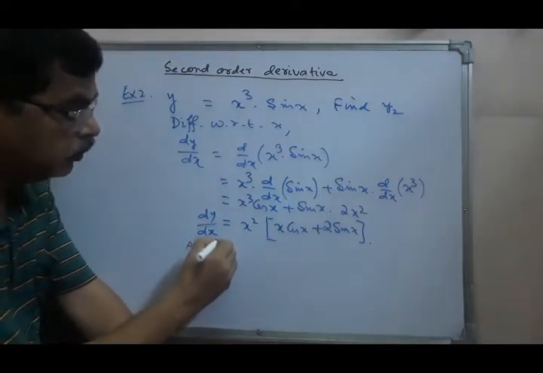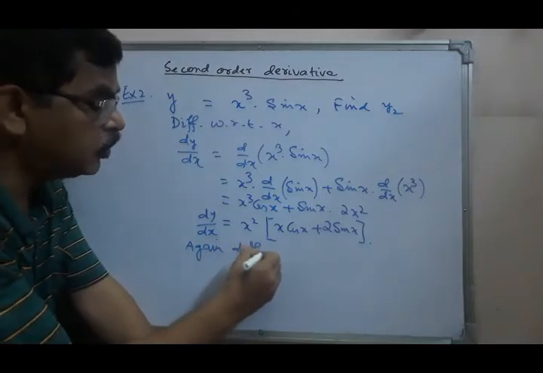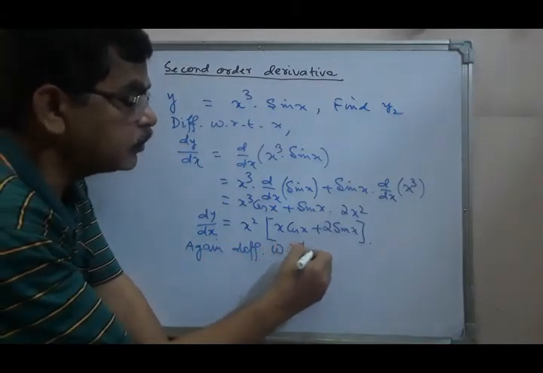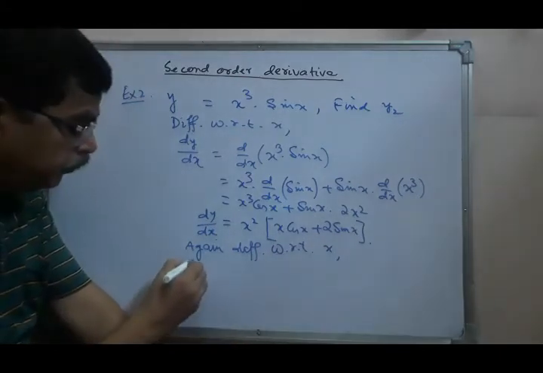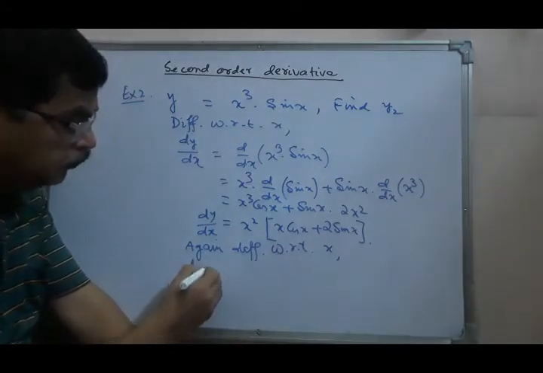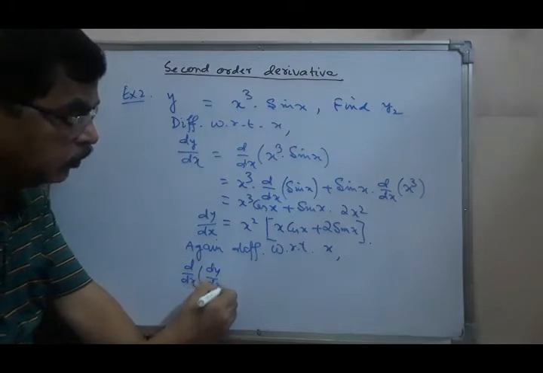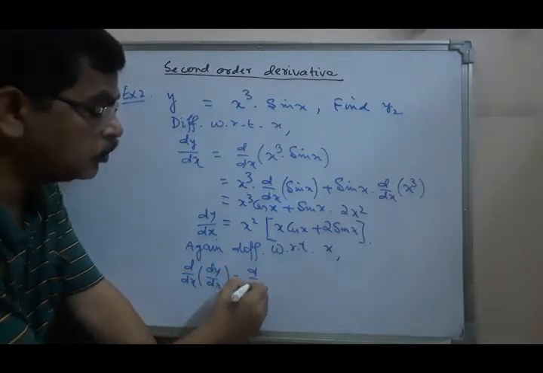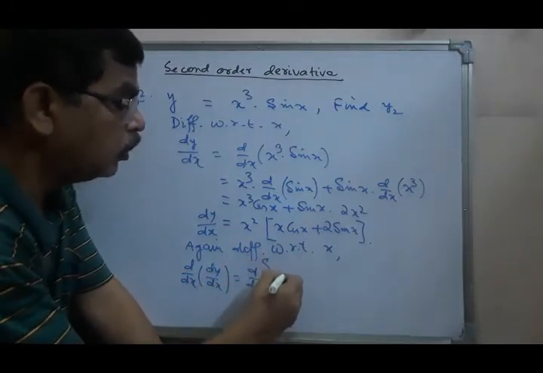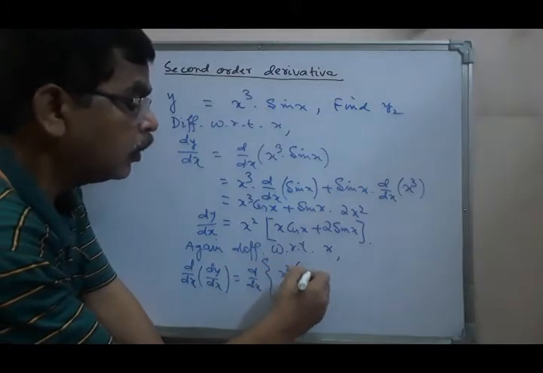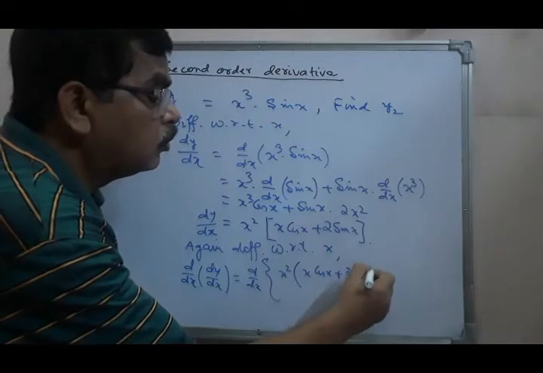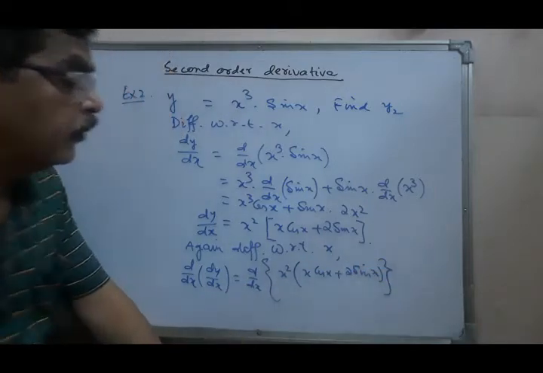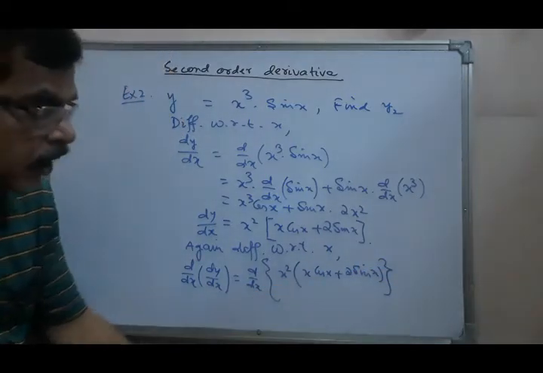Again, differentiating with respect to x, what will we get? d/dx of dy by dx equal to d/dx of x square into (x cos x plus 3 sin x). So here again it is a product function.